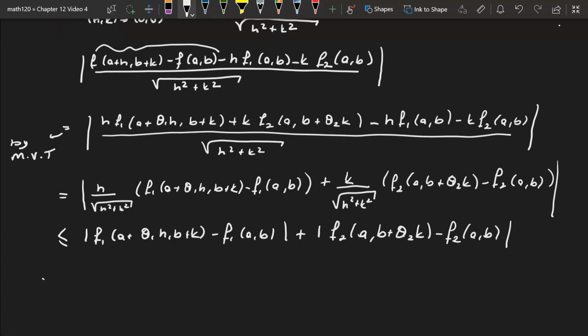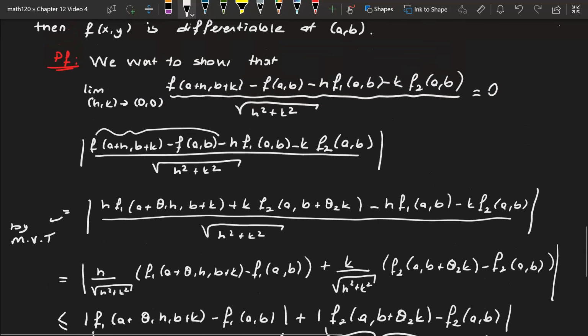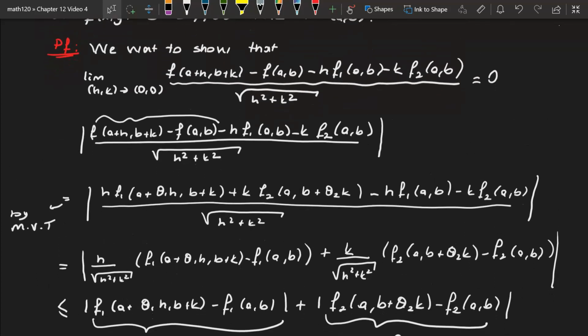And you can easily observe that as hk goes to 0, 0, since f1 and f2 are continuous functions, these two expressions approach 0. So by squeeze theorem, we conclude the result. Our expression is bounded above by a function whose limit as hk goes to 0, 0 is 0.